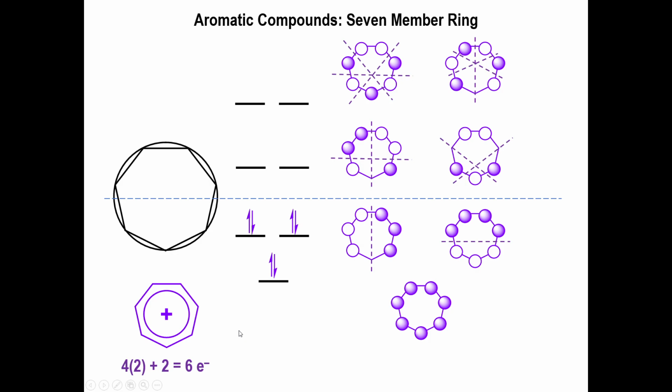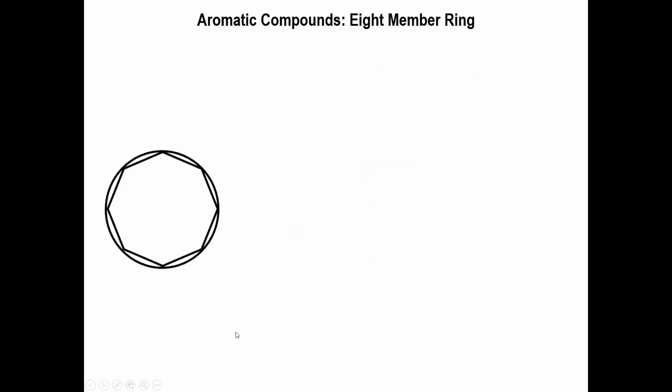All right, and then the last one, the 8-member ring, which is probably one of the trickiest ones to draw within the circle, with one of the vertices pointing straight down. But if you do that, you see that the diagram breaks down as follows: 1 level on the bottom, 2 on the next, another 2 on the next one, 2 more for the second to last, and then only 1 for the very last one.